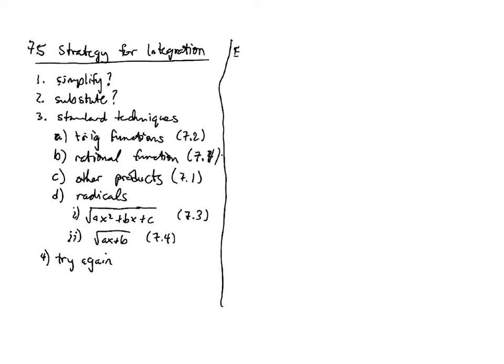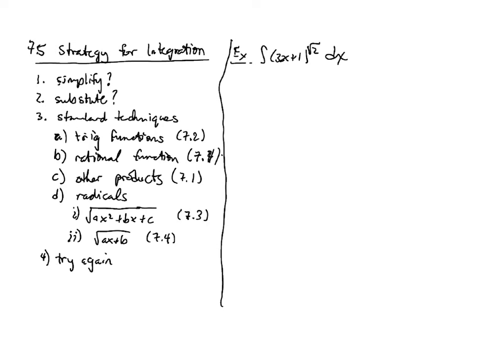So for example, if you were going to look at the antiderivative of (3x plus 1) to the square root of 2 dx. That's a square root of 2 up in the exponent there. Hopefully you look at that and you see, well, square root of 2 up in the exponent, I can't multiply that out, so there's not really a nice way to simplify that.